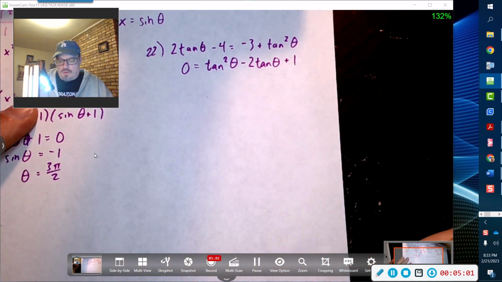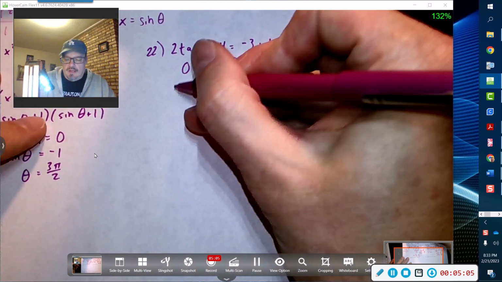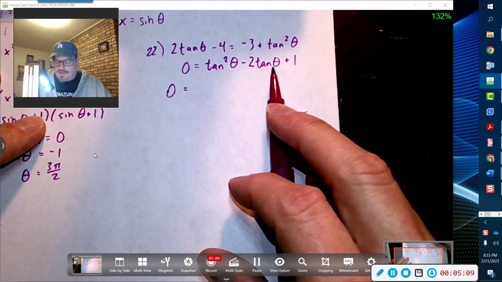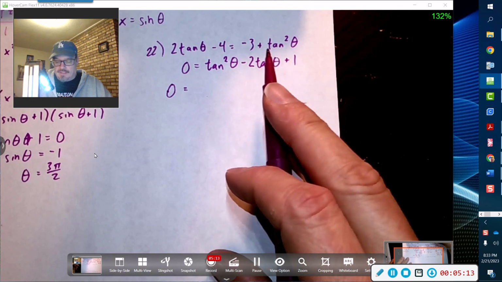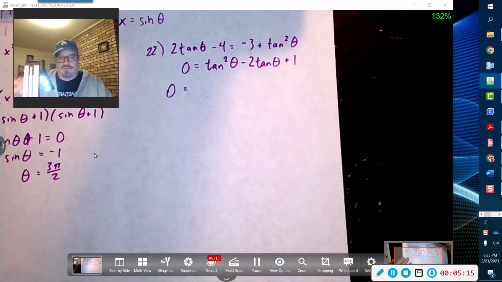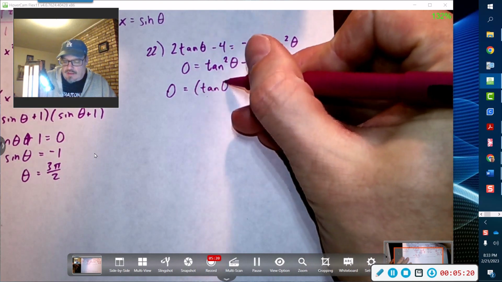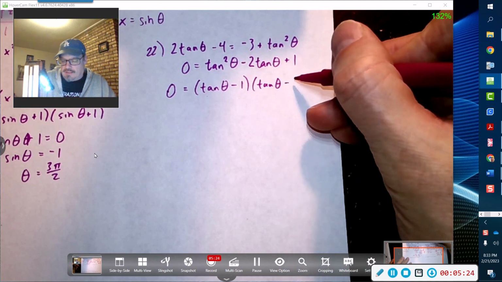Okay, so I'm not going to replace the tangent with an x. I'm just going to go ahead and factor it. So this would be factors of 1 that add up to -2. That would be a -1 and a -1. So I've got tangent theta -1 times tangent theta -1.